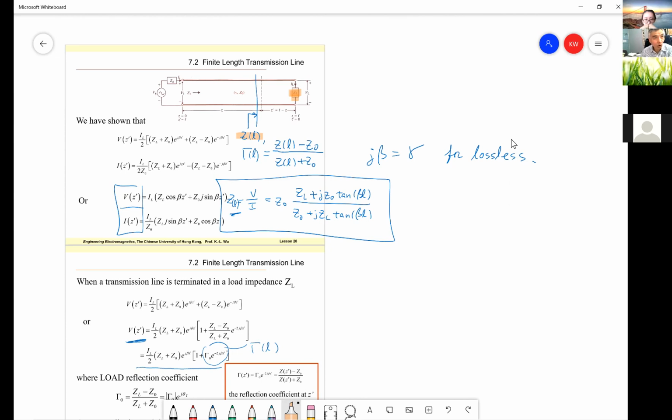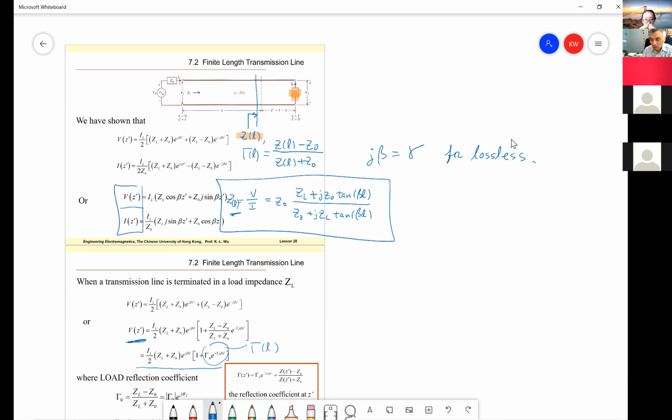It depends on where you observe. When L equals 0, you can see the load is at the end, right? If L is a finite value, that is the impedance at that location. This is an important thing.